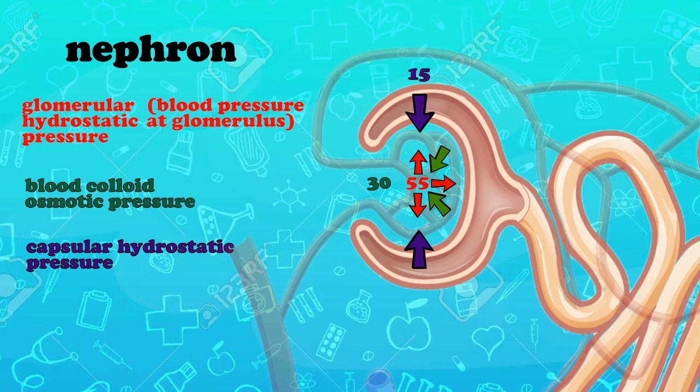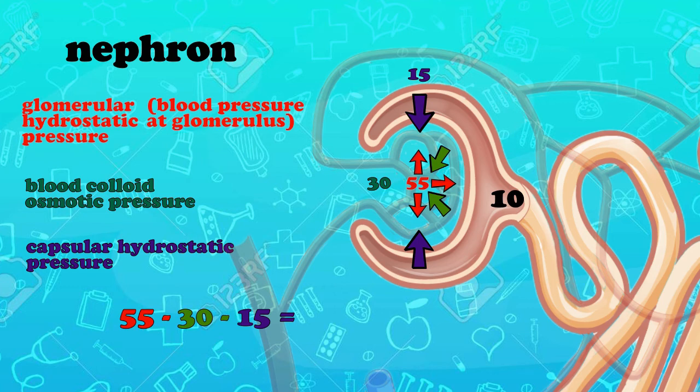And now you can do the math. You got 55 millimeters pressing out, minus 30 pressing in, minus another 15 pressing in. And so your net outward pressure is 10 millimeters of mercury. That's how much pressure drives all of this flow through the nephron.